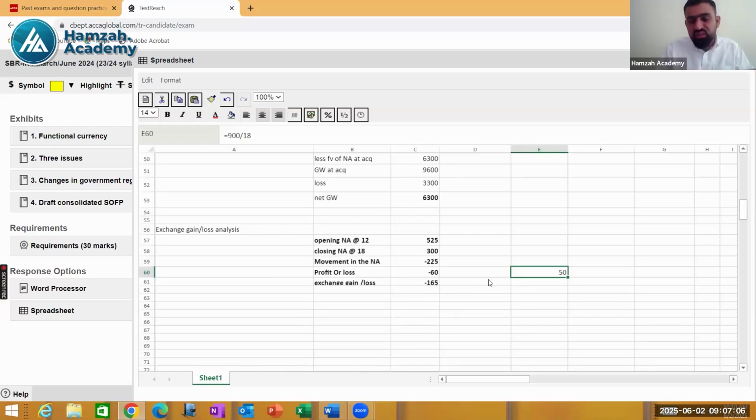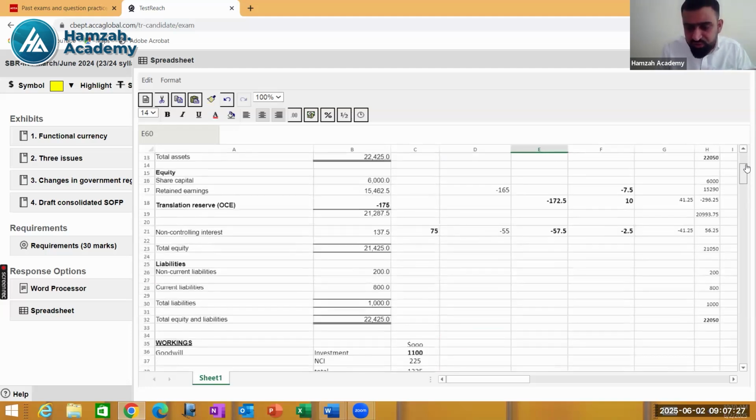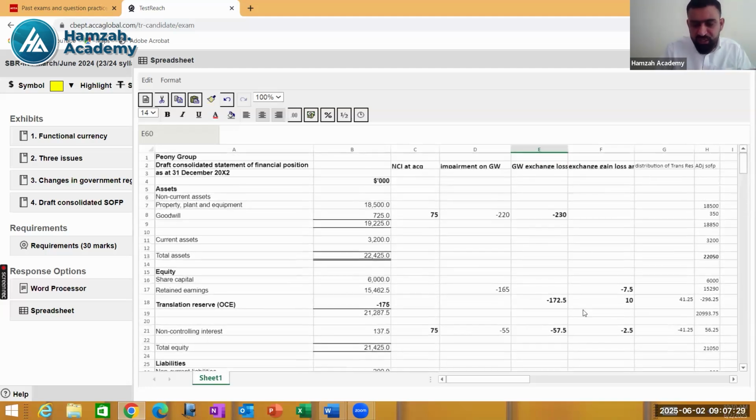But the actual loss after translation using the average rate should be $60. So the loss which should have been allocated between group and NCI should be 60, but they have allocated 50. So the remaining 10 loss will be allocated between group and NCI.